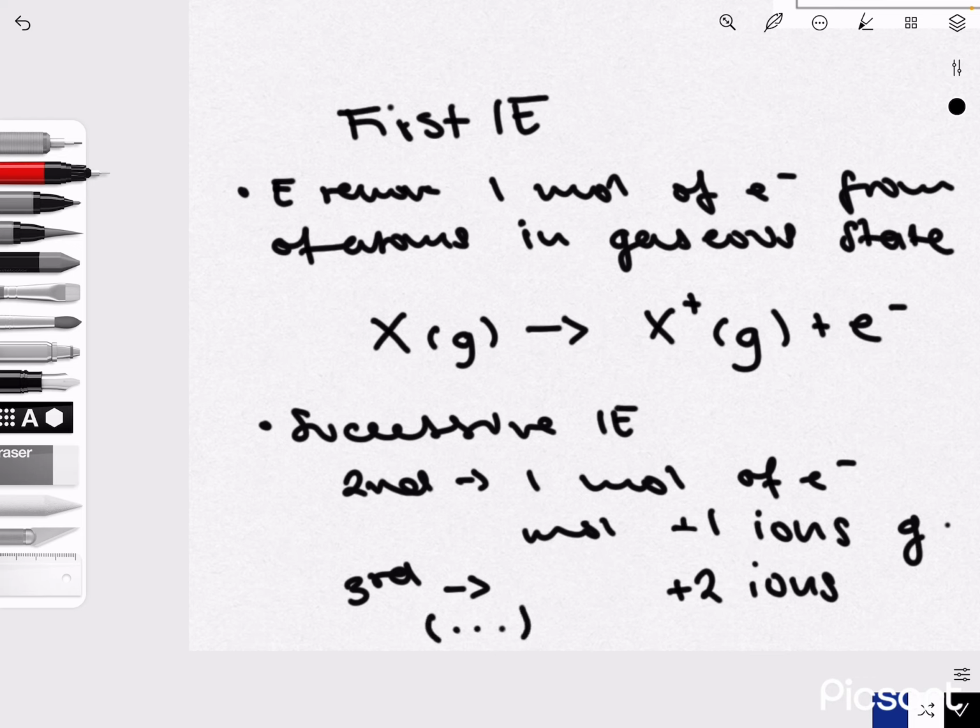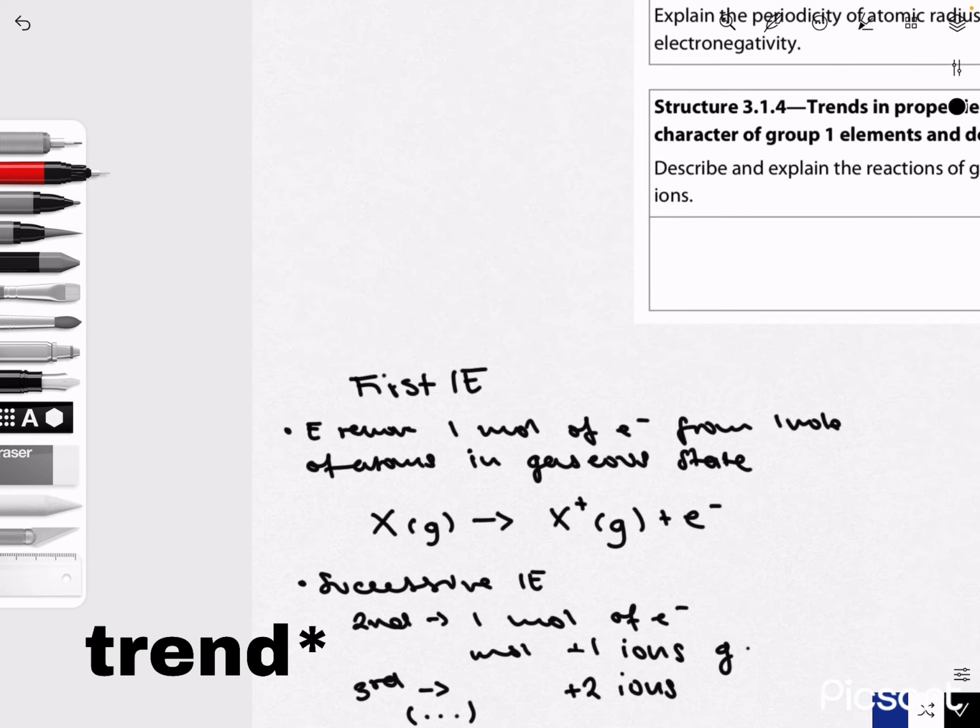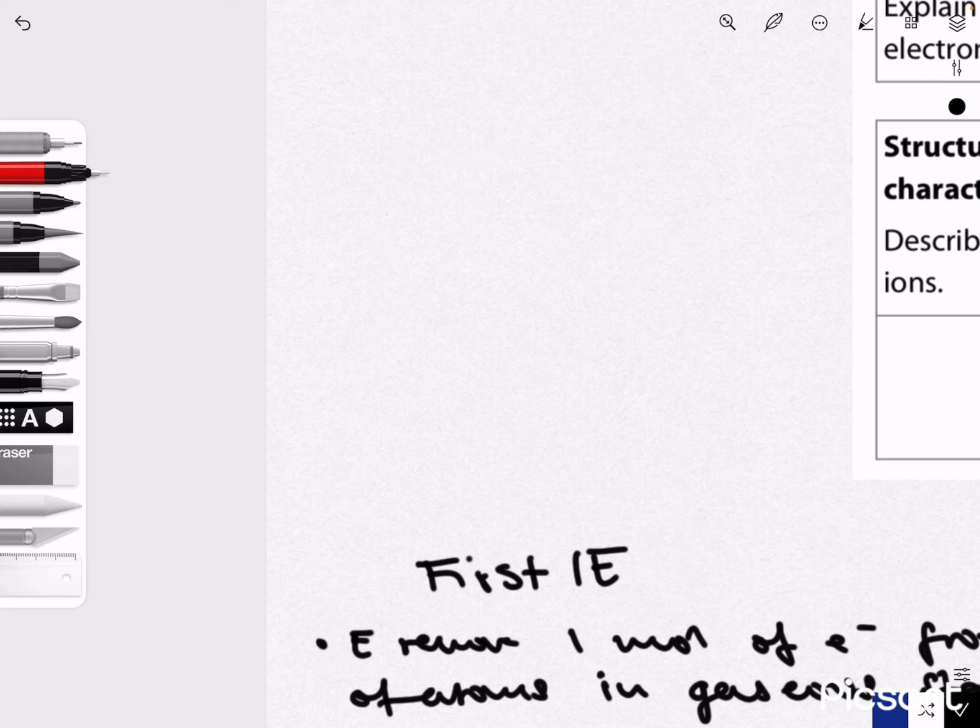This is pretty self-explanatory. The first ionization energy is a property which increases across the period.